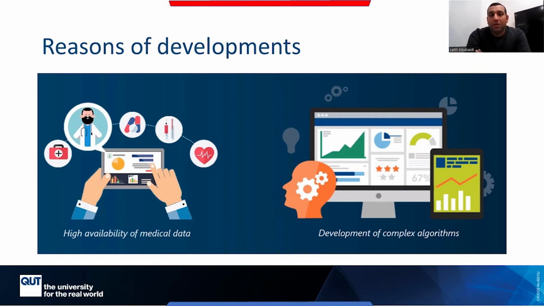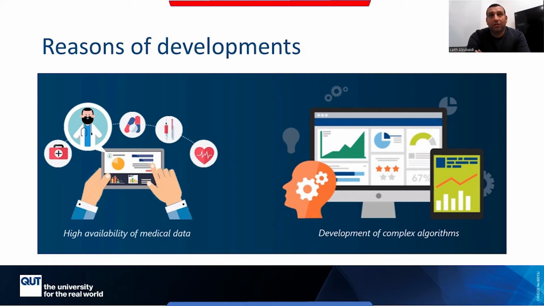So for these reasons deep learning appeared and started to take the role of doing many tasks: the high availability of medical data, with data starting to increase and showing a huge amount of data around the world, and the development of complex algorithms. Deep learning algorithms started to develop and got really good at dealing with medical data. Also, I personally believe, because of the high computational tools we have currently to train these algorithms.